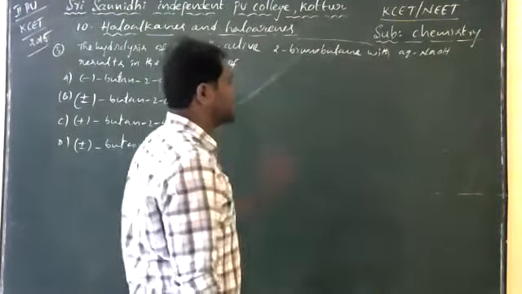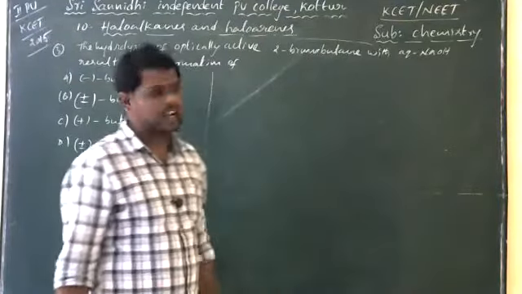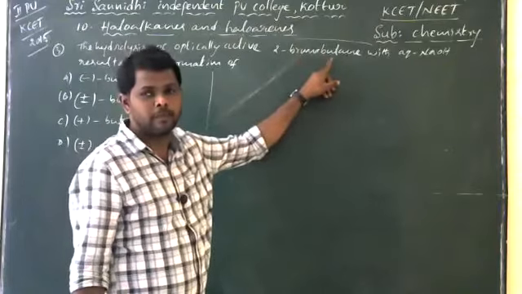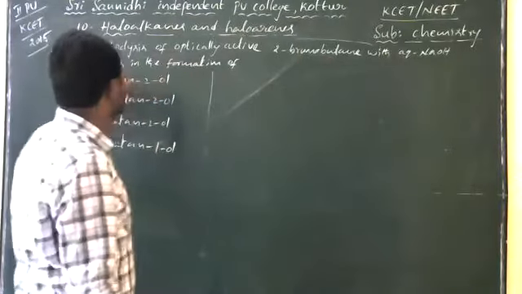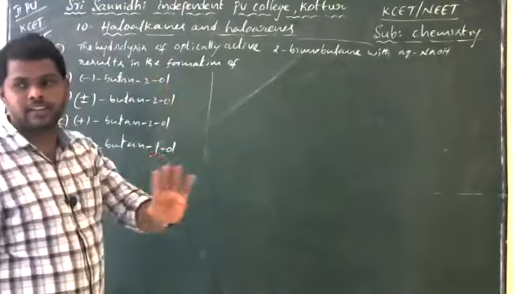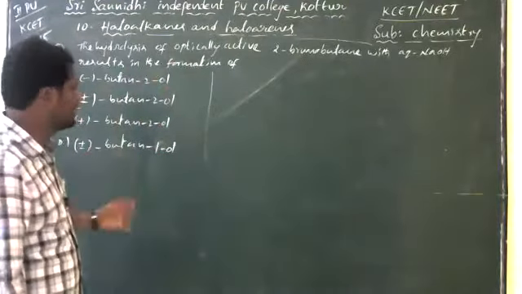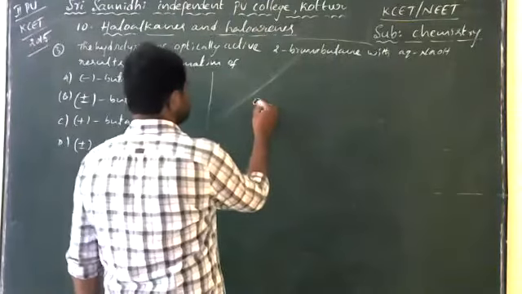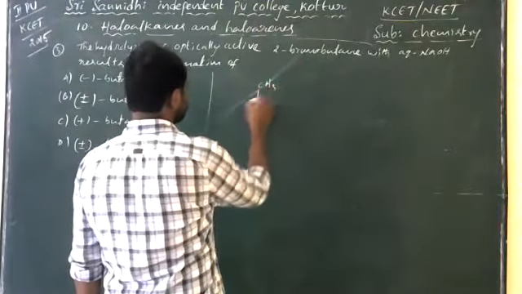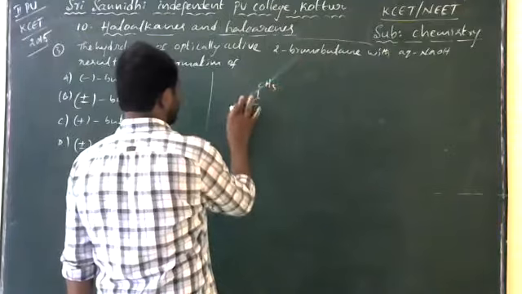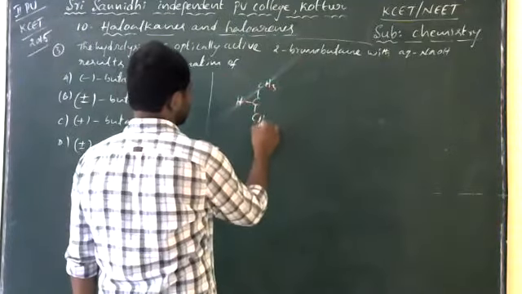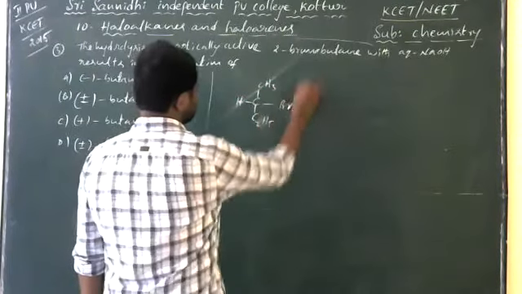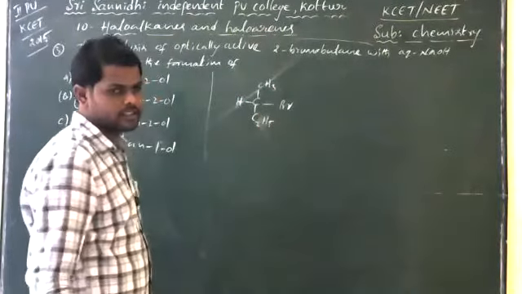Let us see which compound is formed among the four options. 2-bromobutane is CH3CH(Br)C2H5.